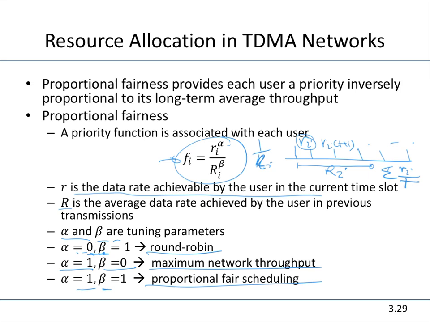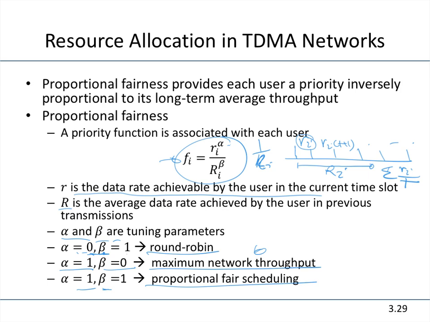Why? Because the component of Ri will help me care about maximizing the aggregate throughput at this time slot, which contributes to maximizing the network's throughput.